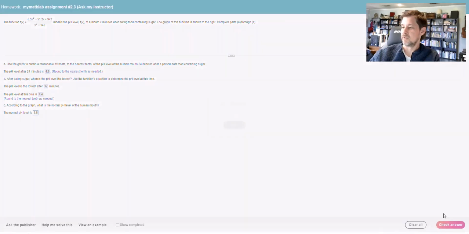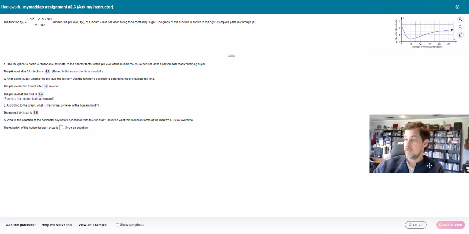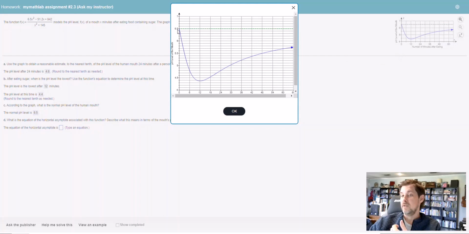It says, what's the equation of the horizontal asymptote associated with this function? I mentioned that the interpretation of this horizontal asymptote, this horizontal line that the graph is trying to climb back up to, is the normal pH of the human mouth without having eaten anything. 6.5 is a number, it's not an equation.